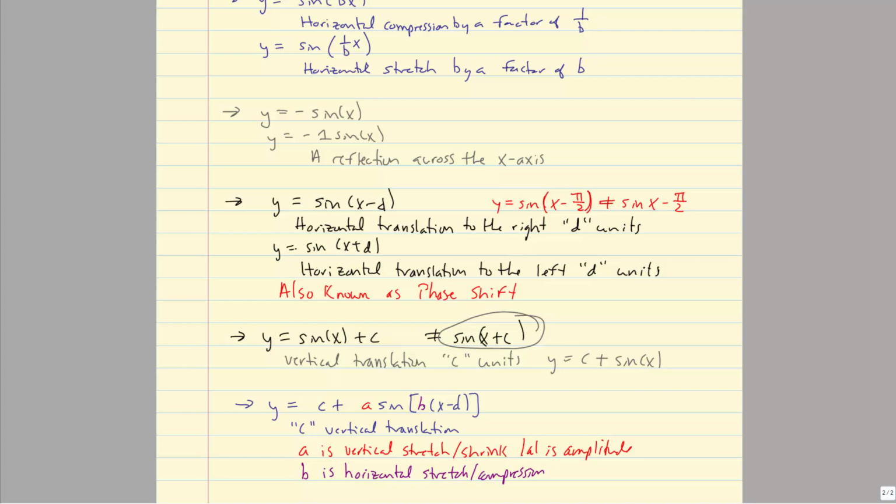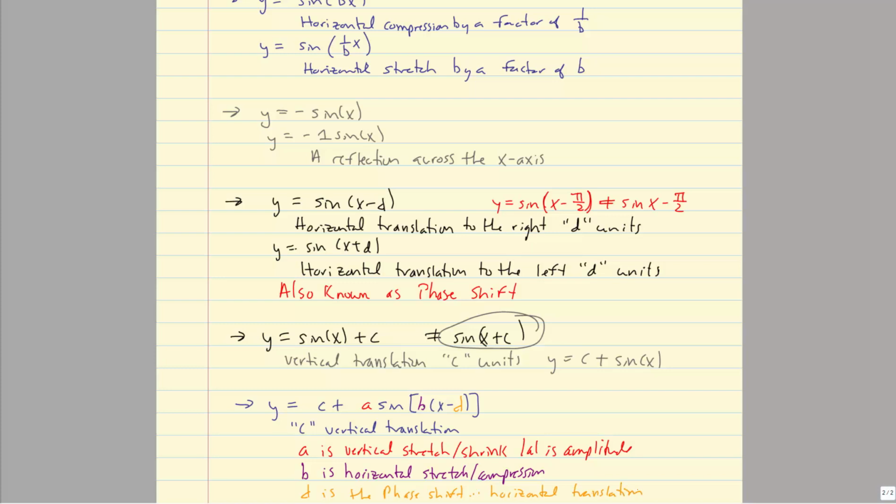And then this minus d, we'll make that one orange so we can see the difference. D is the phase shift. With the phase shift, this was a horizontal translation. It's inside the trig function, so it's horizontal, and also it's opposite of what we think because it's inside the trig function.